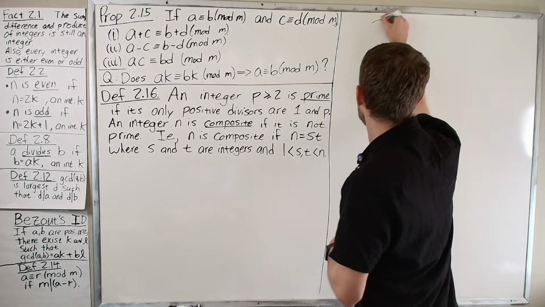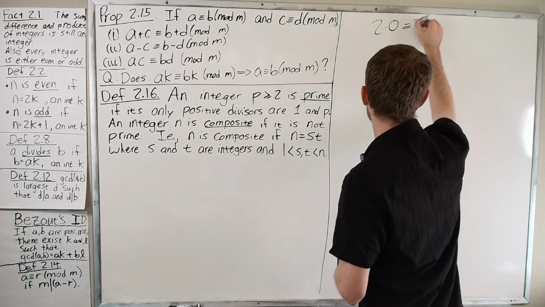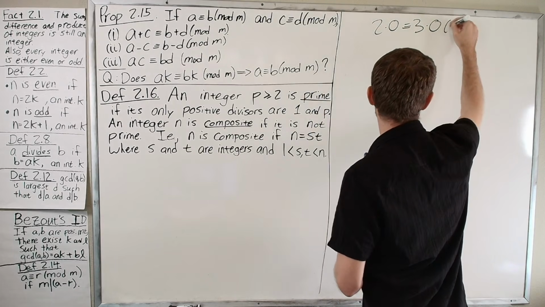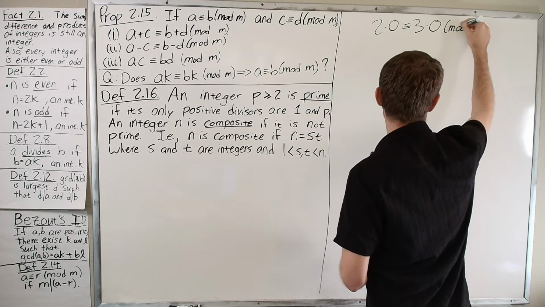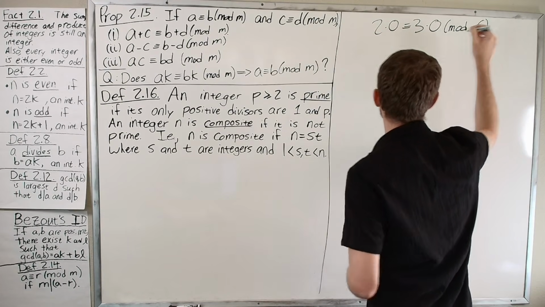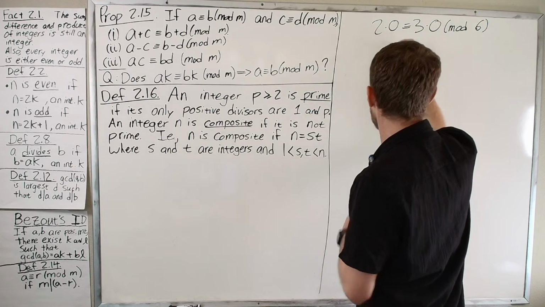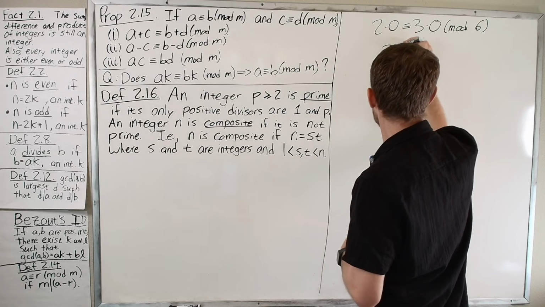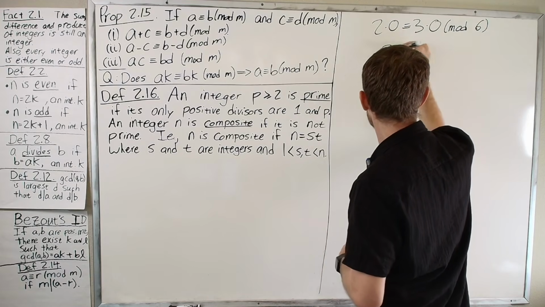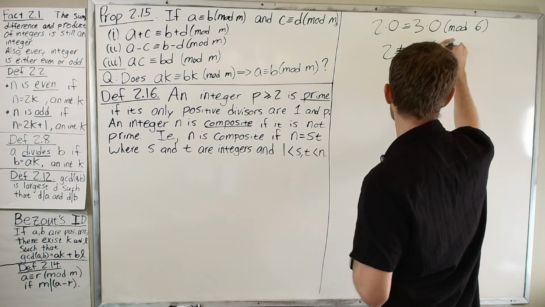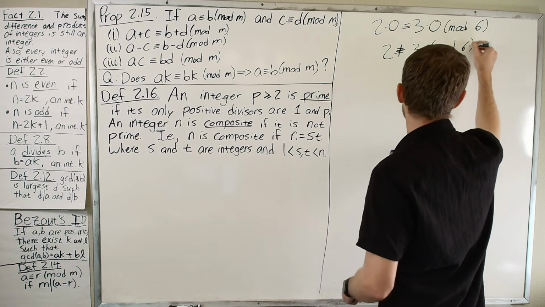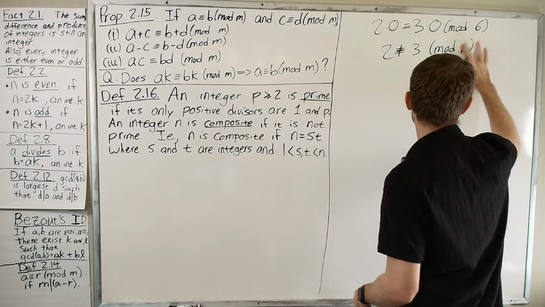You could have 2 times 0 being congruent to 3 times 0 mod anything. I'll choose mod 6. But 2 is not congruent to 3 mod 6. So that's the start of it.